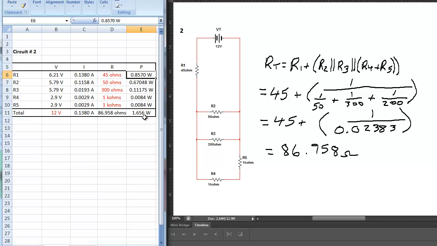VT times IT will give you 1.656 watts, and I tried to do a couple extra decimal places here because the current is getting extremely small and I don't want to end up rounding excessively. If you sum P1 plus P2 plus P3 plus P4 plus P5, it comes to 1.65603. So you can see it's well within our rounding limits.